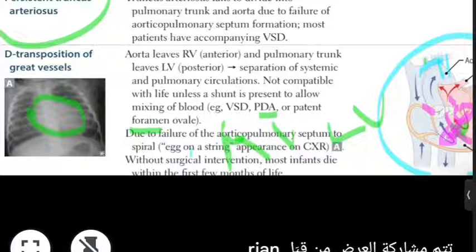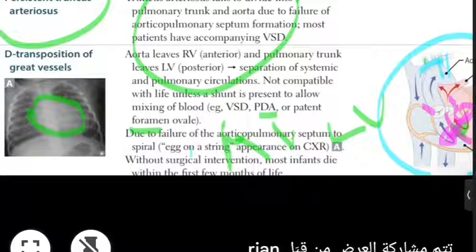He has central cyanosis or peripheral cyanosis in his hand and so on. And you think that he may have congenital heart disease, but you don't know which one yet. You'll order a chest X-ray. When you order a chest X-ray, if you see an egg shape on a string, you can think, oh, maybe this is transposition of great vessels. Okay? So it's like an egg on a string appearance on the chest X-ray.